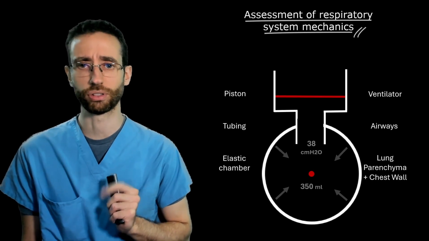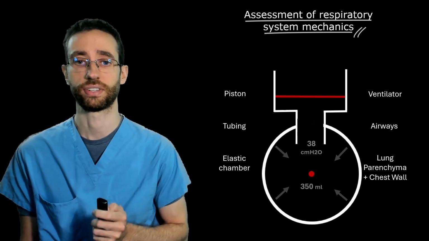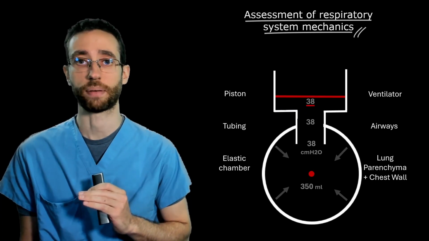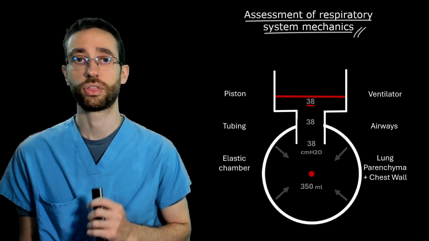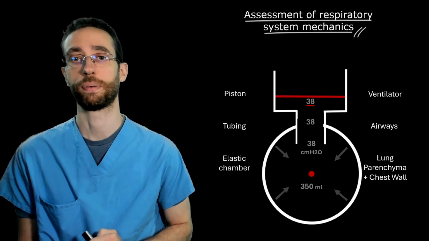In the absence of flows, there is no more pressure being used to overcome airway resistance. Therefore, the pressure generated at the elastic chamber can now equilibrate through the system and is now able to be measured at the airway opening.